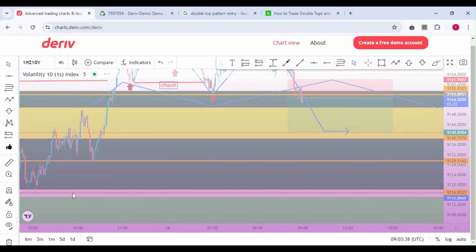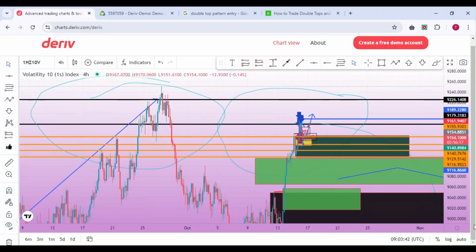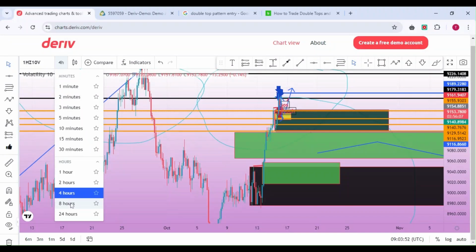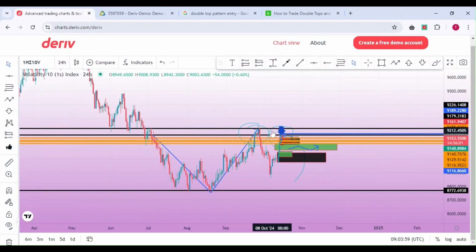Let's see the 4 hours, how the market is behaving. You see, I have no worries that the market will go down. So let's wait and see how it will behave at the end of the results. That's basically how you analyze your trades. I will come back and show you how the results were.